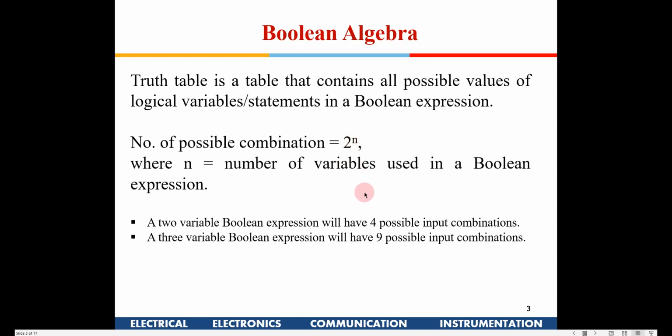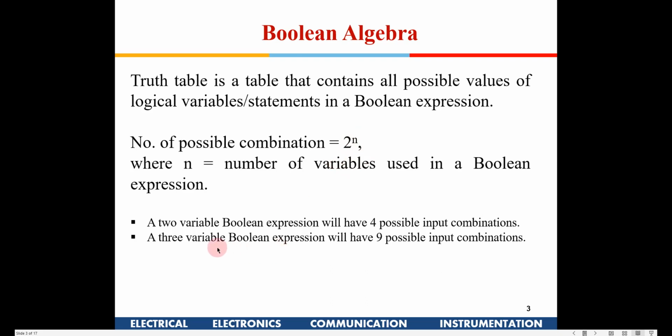If you have a single variable, then the input can only be 0 or 1. If you have 2 variables, then the total number of combinations will be 2 to the power of 2, which is 4: 0 0, 0 1, 1 0, and 1 1.